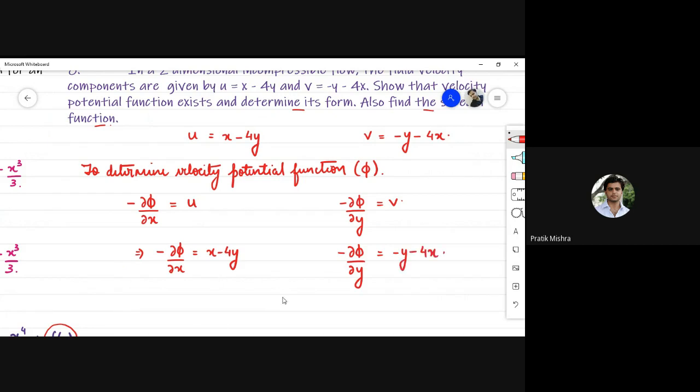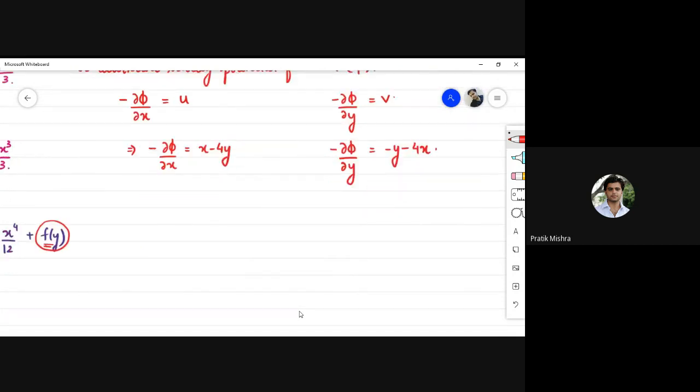इंटीग्रेट कर दीजिए दोनों टर्म्स को, तो you are going to have two different expressions of phi, and then you need to combine those two expressions.